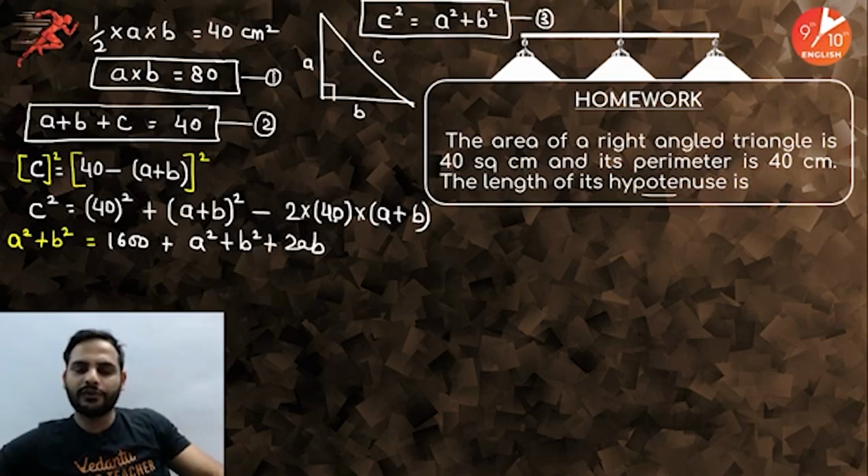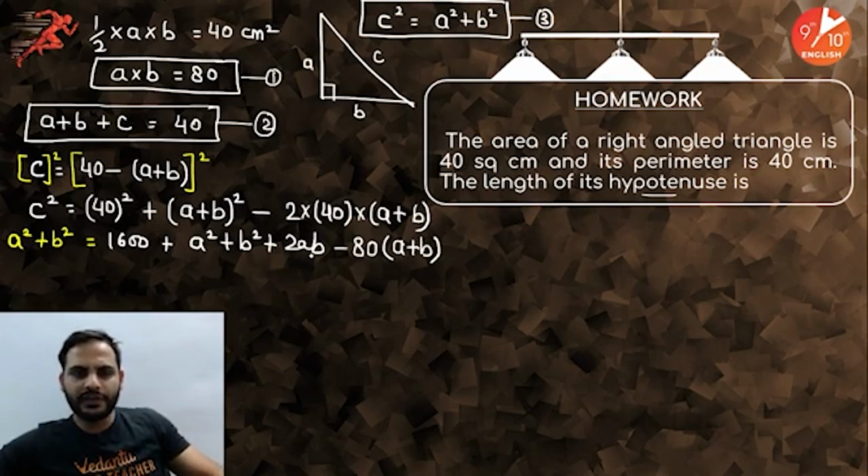Now minus 2 into 40 is minus 80, so minus 80 of A plus B. Okay.